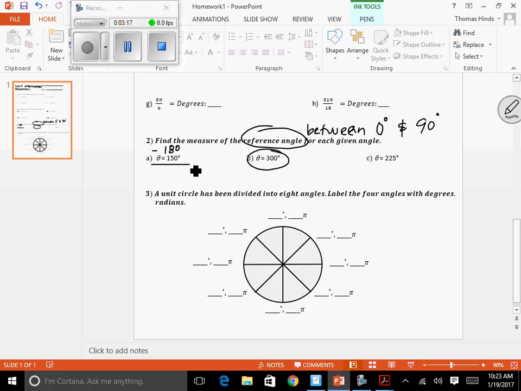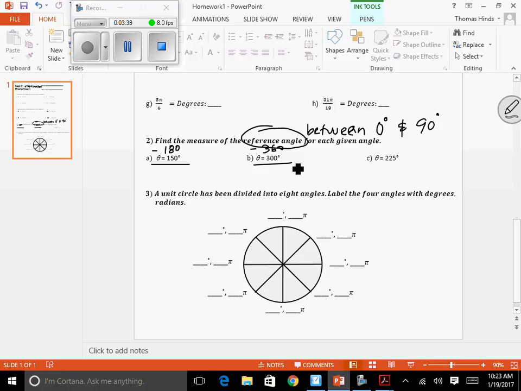Okay. With the B, because the angle is bigger than 180, you do 360 minus the given angle, and now you have the reference angle. Please do the third one.